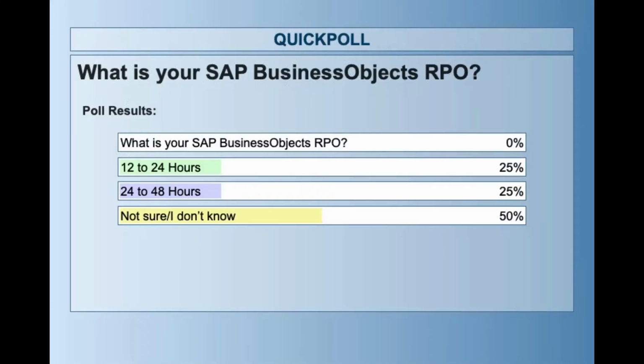About 50% of you don't know, and that's really not a surprise. The remaining people who voted, it's split between 12 to 24 and 24 to 48. And what we see most of the time is really it's less than a day. That's what's commonly accepted.